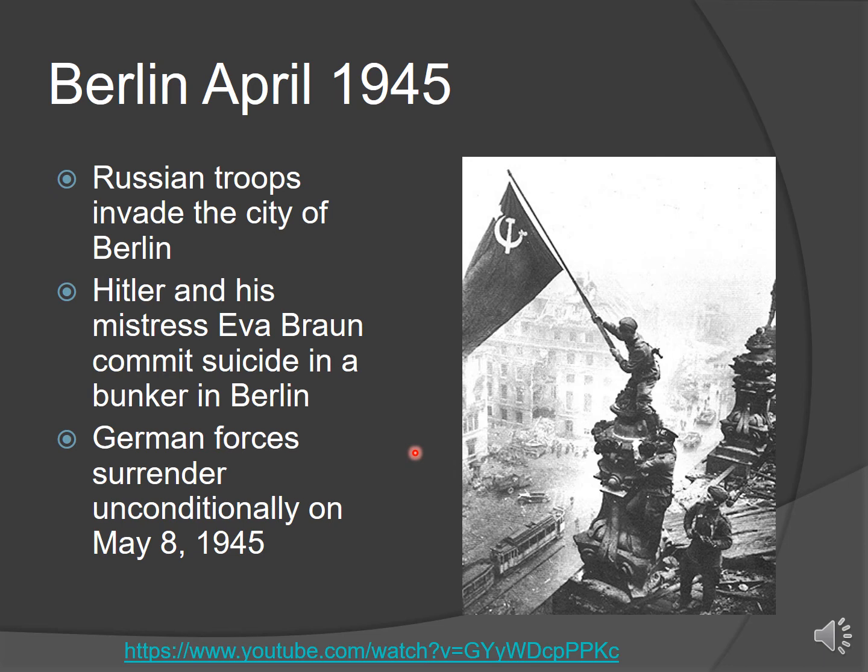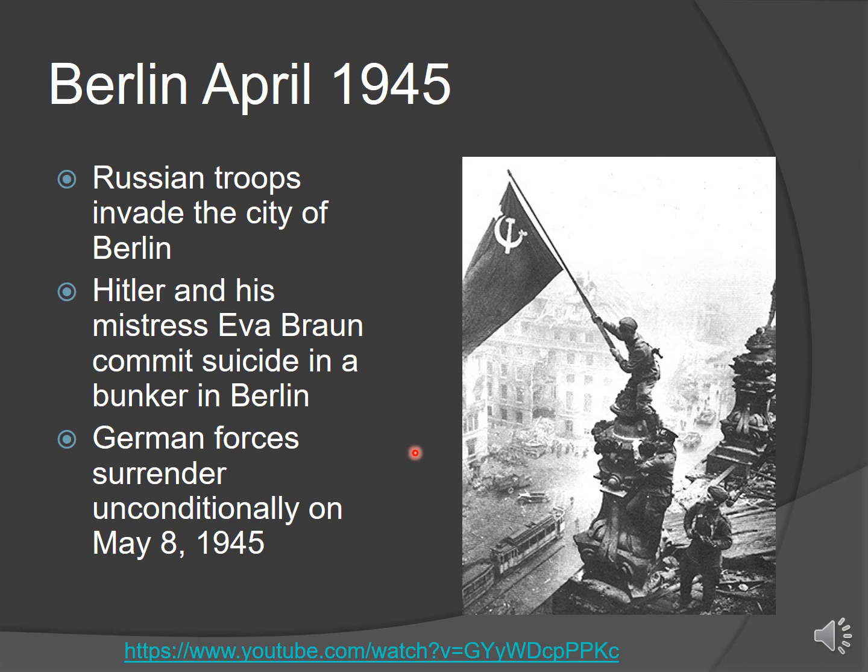Soviet forces will move into the city after massive aerial raids and bombardments by the Allies. Russian troops will invade the city of Berlin, and this is a very famous photograph of a Soviet soldier raising the Soviet flag over Berlin on top of the Reichstag.